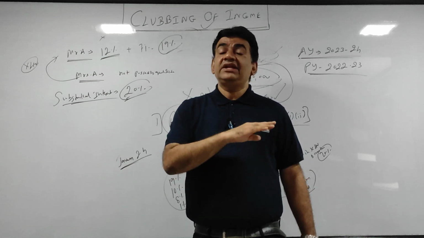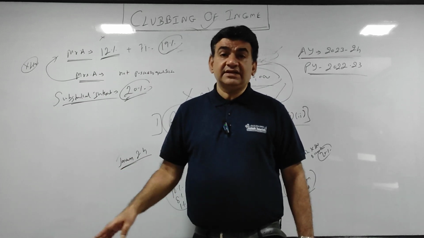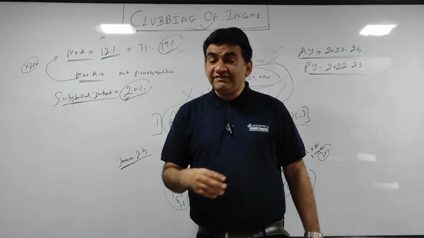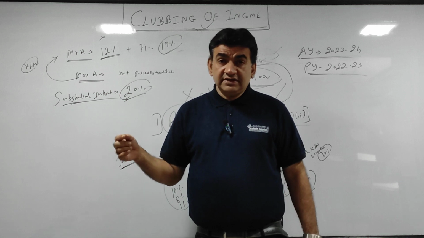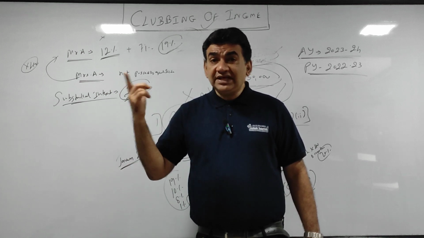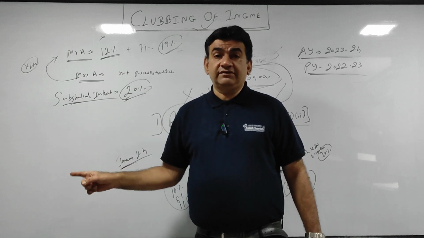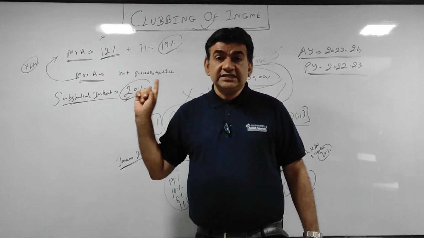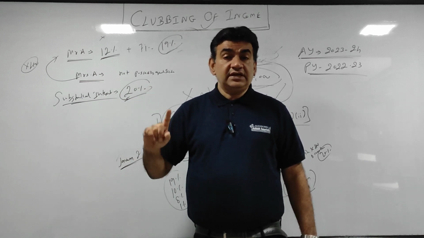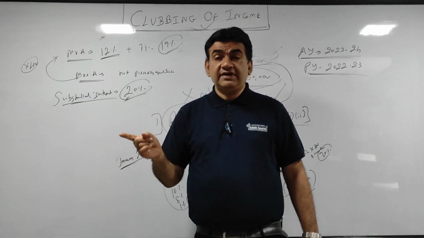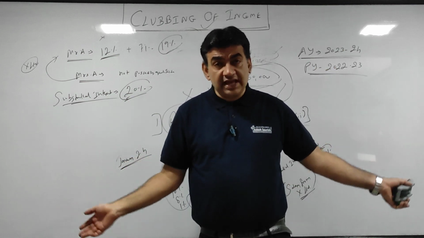But in-laws are not included in relative. Wife's brother, wife's mother, wife's father, wife's sister, none will come. Even for a person, daughter-in-law doesn't come under the definition of relative. Daughter-in-law, mother-in-law doesn't come under the definition of relative. Father, mother, brother, sister, grandfather, grandmother, or lineal ascendant or descendant. Great grandfather, great grandmother also came in.